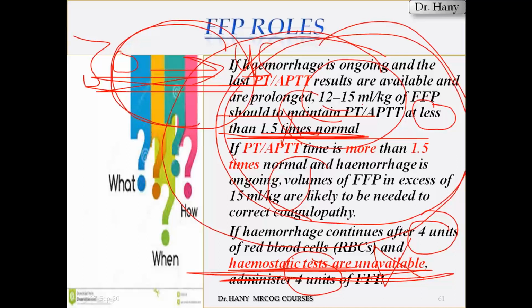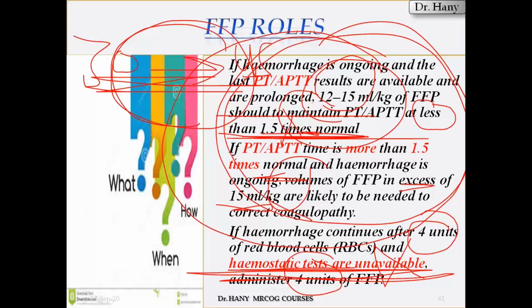If it exceeds this limit, 1.5 times normal, so double the normal, this means that the labs became double the normal and hemorrhage is going, so you will give more in excess of 15. This will be written in the details of the guideline.